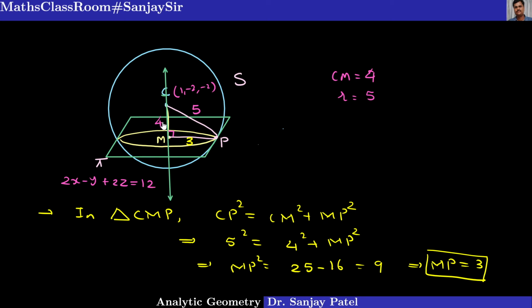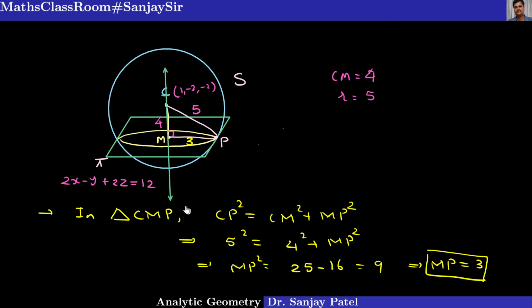So if I find the equation of the line, which I can see from the figure is easy to do, and if I take the intersection of the line with the plane, which you already know from your higher secondary course, how to get the intersection of a line and a plane, which is very simple.